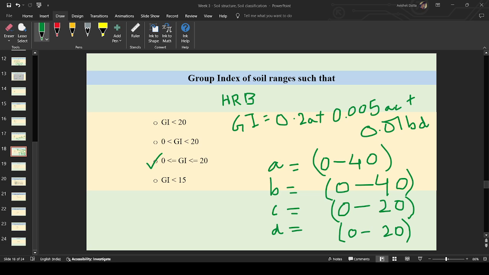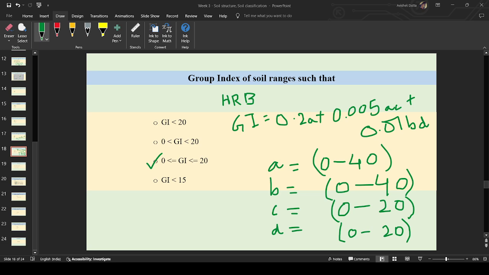The percentage finer than 75 micron is the criteria for both A and B, but for A this value will be taken between 35 and 75.